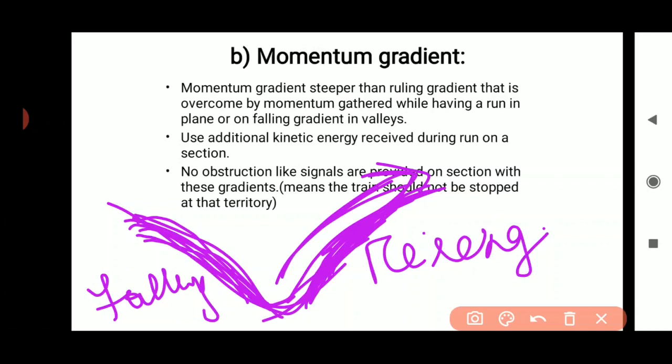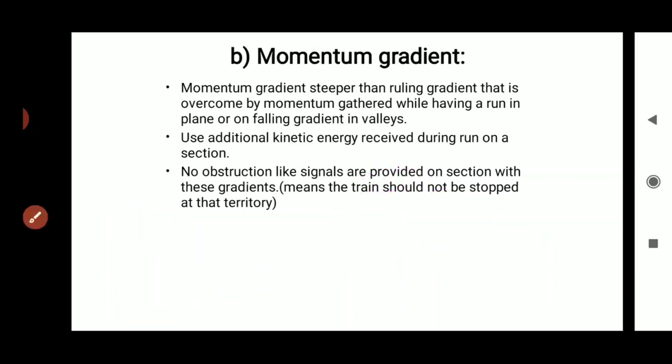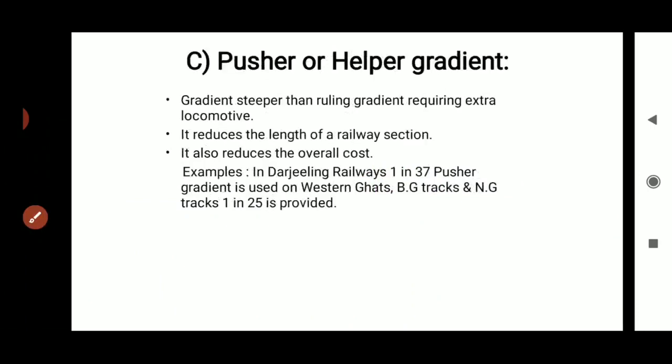So to keep or achieve sufficient momentum to overcome this rising gradient, there should be no stoppage, no signal in between this track. So this is all about momentum gradient.